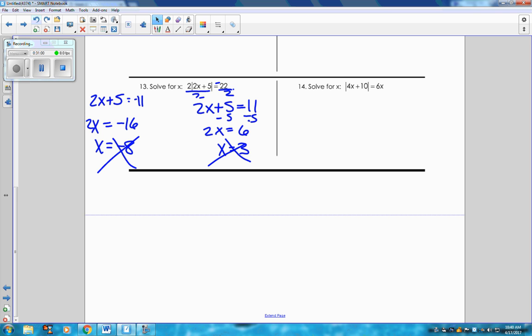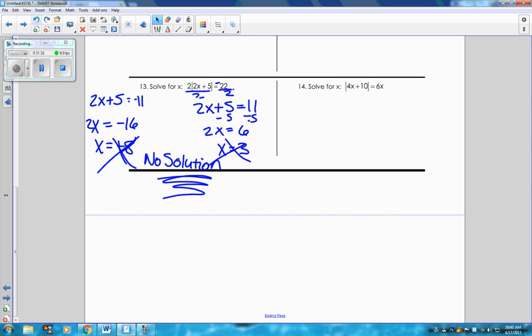Can 22 equal negative 22? If that can't happen, it does not work. That means we have to check the other one. So I plug in 3. We got 22 equals negative 22. Does that work? No. If neither answer works, your answer is no solution. This is the reason why we check our answers. Just because you got x equals a number doesn't mean that's going to be a solution.